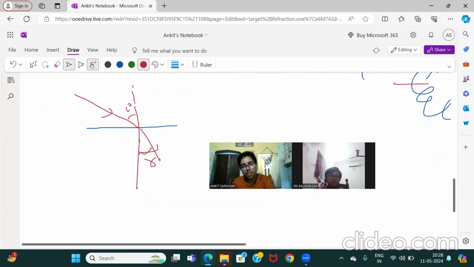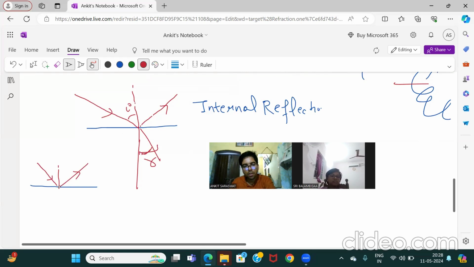This is the angle of refraction. But some portion, just a little bit, only 1-2% or 5% of light, reflects. So this entire process is known as internal reflection. Simply internal reflection. We never say TIR. But in case of TIR, this is known as TIR.